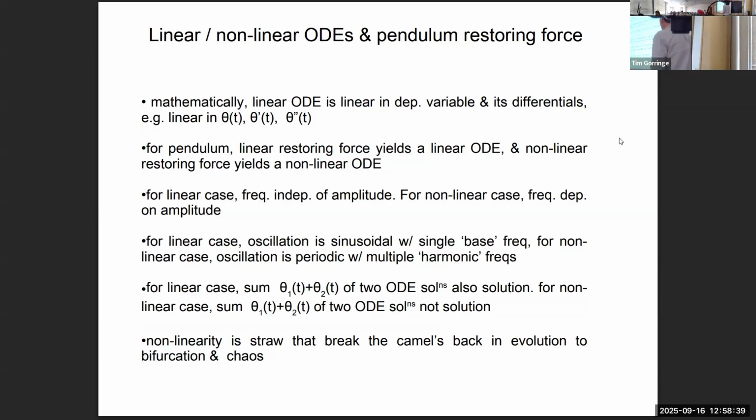A few words on linear versus nonlinear ordinary differential equations. To be very clear, when we say a differential equation is linear, what we mean is that the dependent variable in the equation, the theta in the equations for the pendulum, and its differentials, the first order and second order ones we've been talking about, only appear linearly in the differential equation.